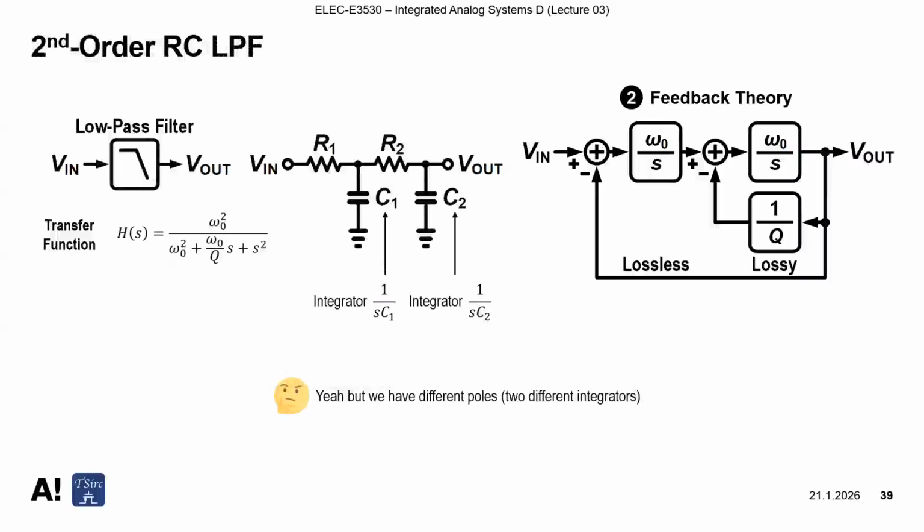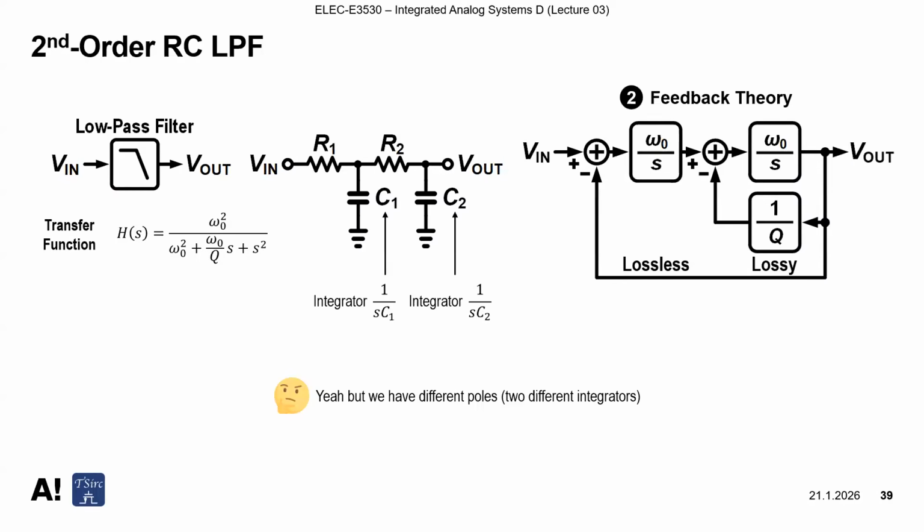We analyzed our second order low pass filter using omega 0, but we know that there are two poles, right? So it cannot be described with only one omega 0. Of course, we have the Q factor, but it will be more interesting to analyze the exact pole locations, because those two poles are different. Consider, for example, if C1 is not equal to C2.